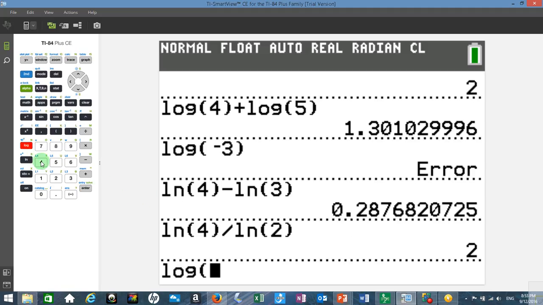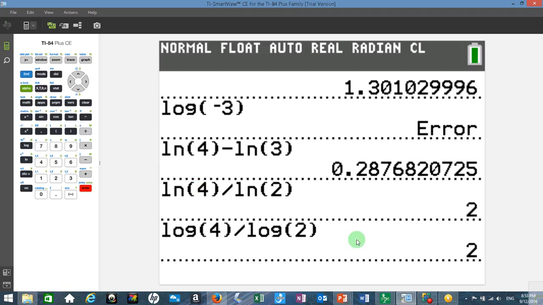The log of 4, parentheses, divided by the log of 2, parentheses, equals 2. So you get the same thing mathematically, whether you use the natural log or the log. It still doesn't matter which one you do. You can graph the natural log, you can graph the log.